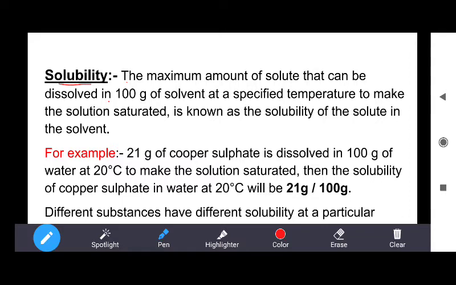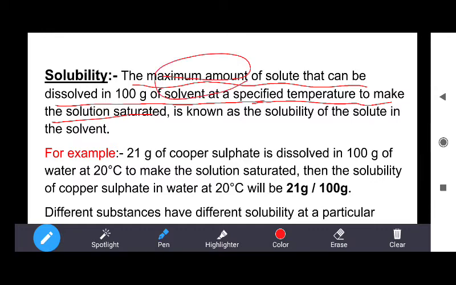Generally, it is expressed for 100 gram of solvent. The maximum amount of solute that can be dissolved in 100 gram of solvent at a specified temperature to make the solution saturated is known as the solubility of the solute in the solvent.